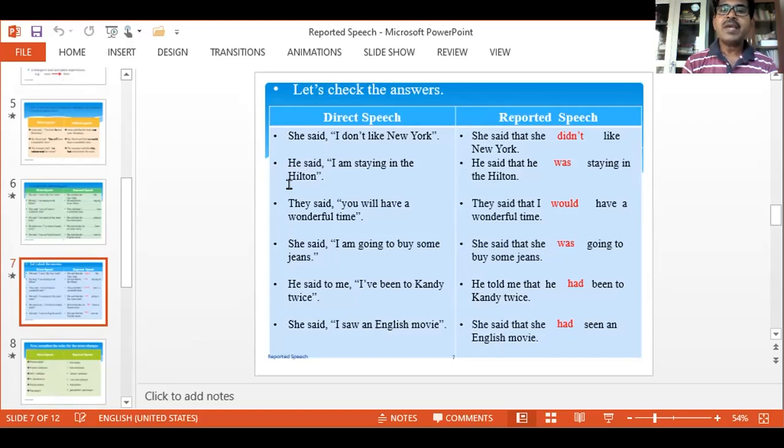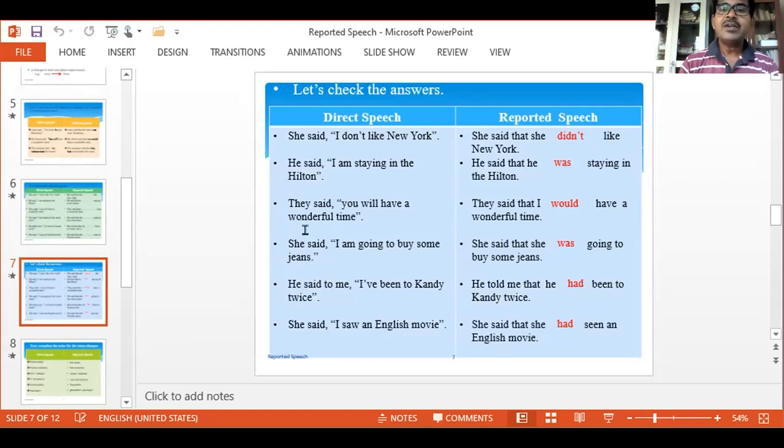I has become he, and I am staying, that is in the present continuous, has become past continuous. Not a big change, dear students. Then it's easy for you. I told you earlier, usually when you change direct statement into indirect statement, the tense goes to the corresponding past tense. Right.